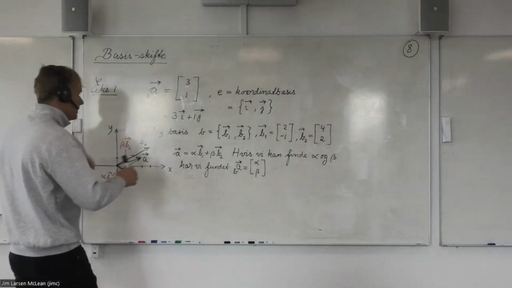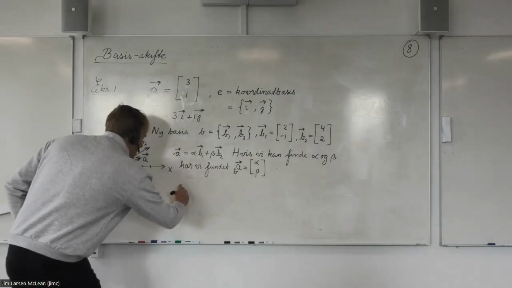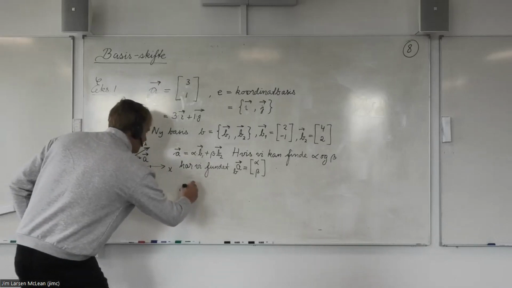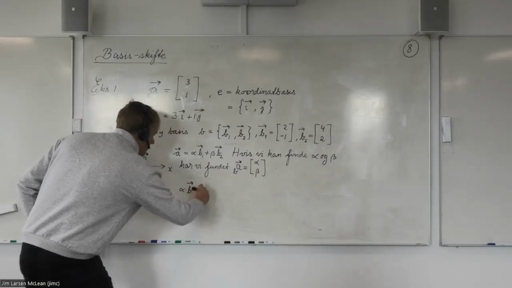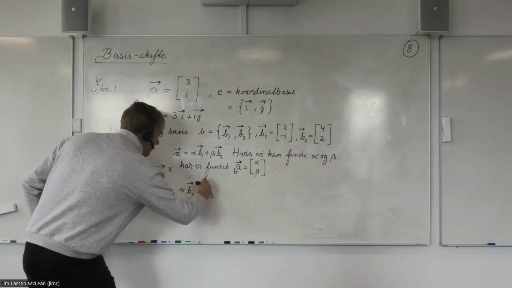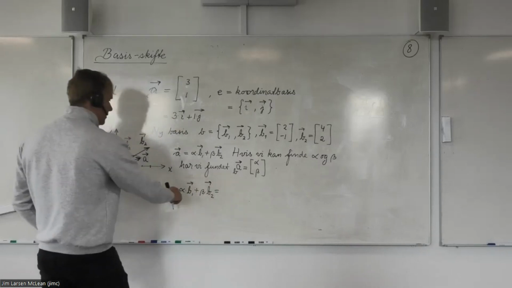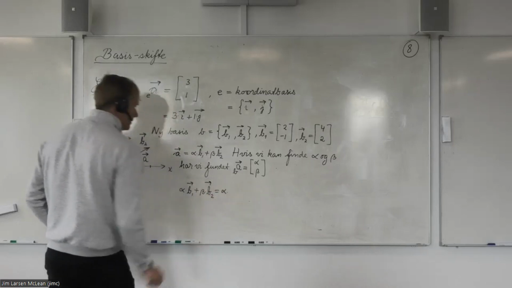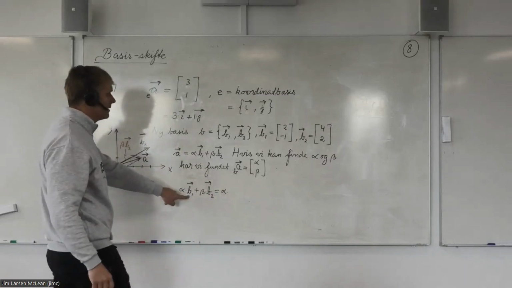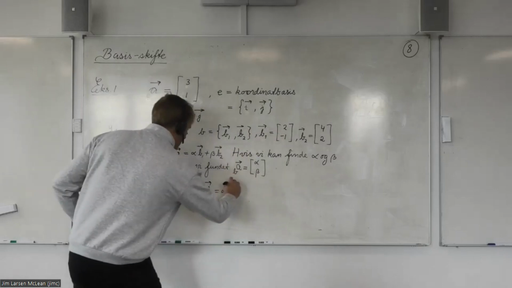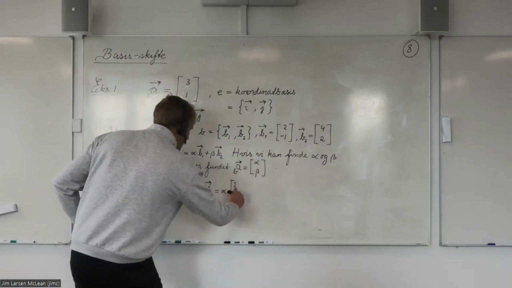We simply do that by setting up alpha times the B1 vector plus beta times the B2 vector. Alpha is just a constant I'm looking for, so I just call it alpha. But the B1 vector is (2, -1), so I can write that in place of it.